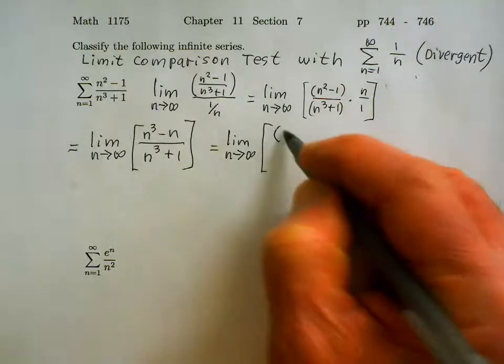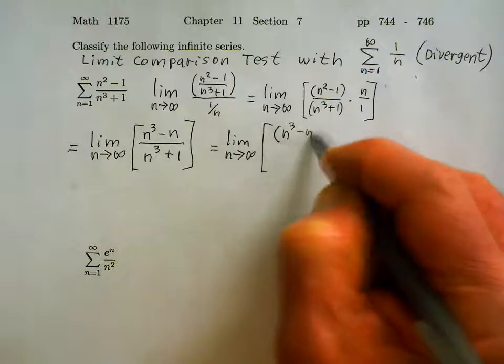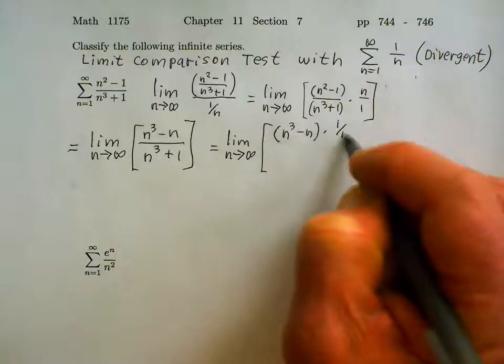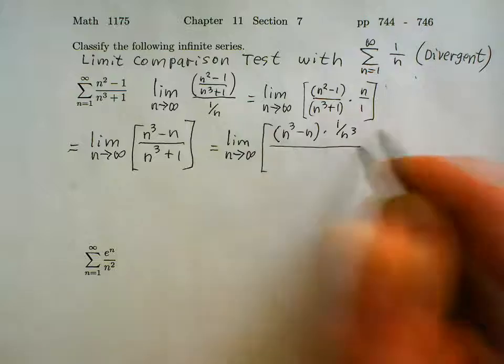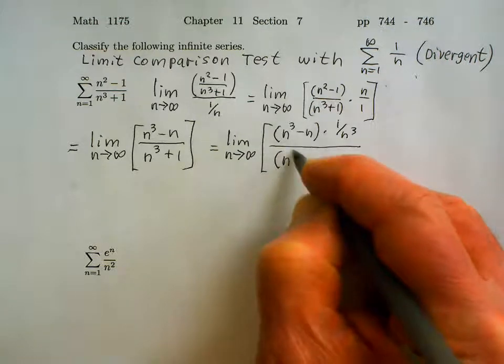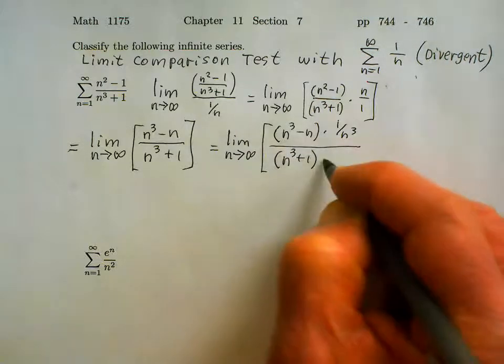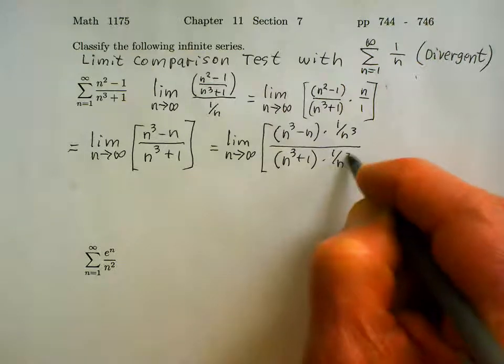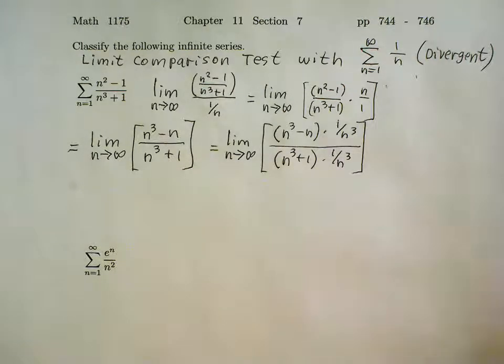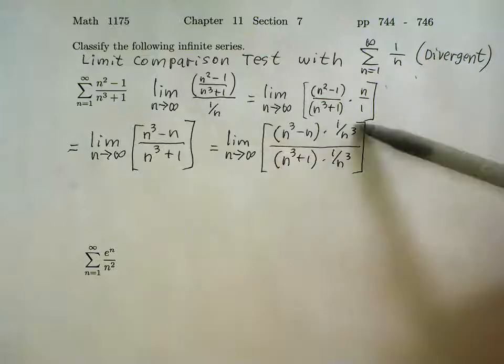Okay, so we're going to multiply n to the third minus n by 1 over n to the third, and we'll multiply n to the third plus 1 by 1 over n to the third. We're not breaking any rules, we're just multiplying by 1.